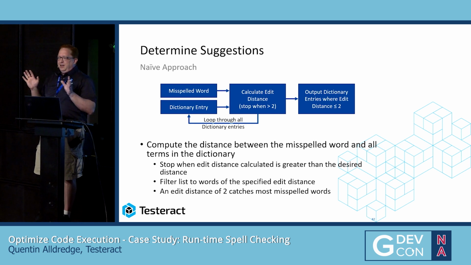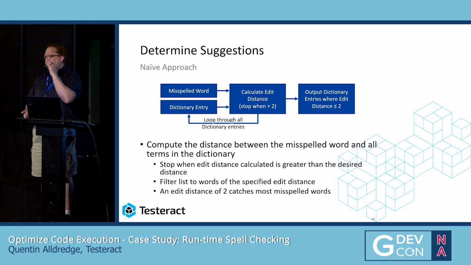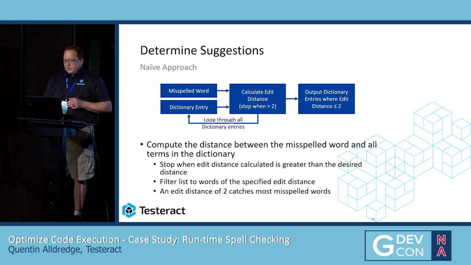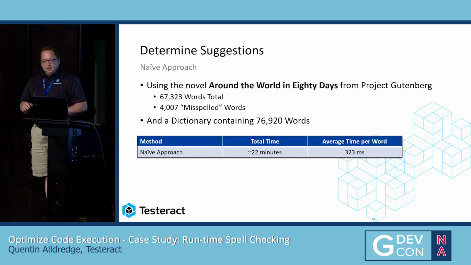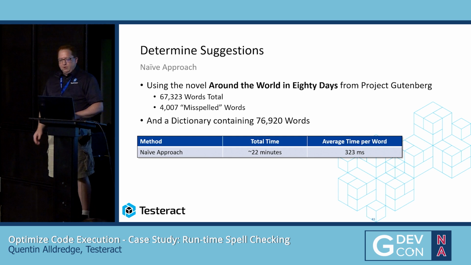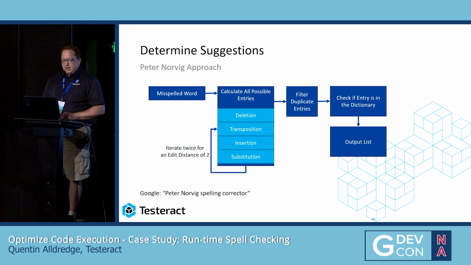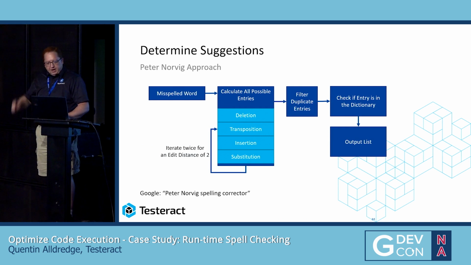Basically, 2 catches most of the misspellings and gives you a pretty good suggestion list. But I found that through this naive approach, it took approximately 22 minutes to spell check Around the World in 80 Days. So not good.